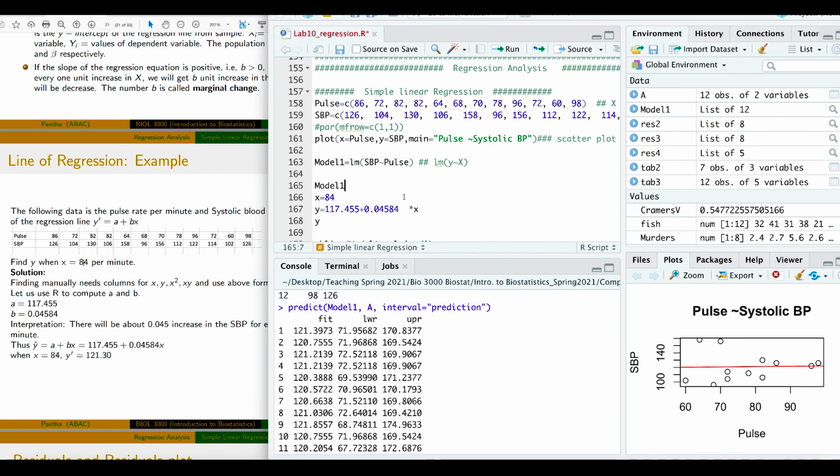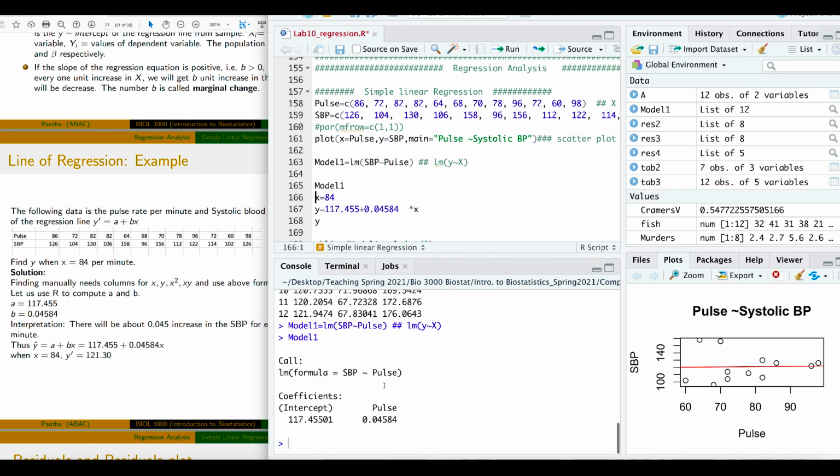So the slope, or the coefficient of pulse, because whenever you run this, pulse has the coefficient. That means pulse is the x value here, so the coefficient of x, that is the number multiplied with x, that is b, right? A plus b times x. This is the value of b. This is the value of a in this case. Okay, guys? All right.